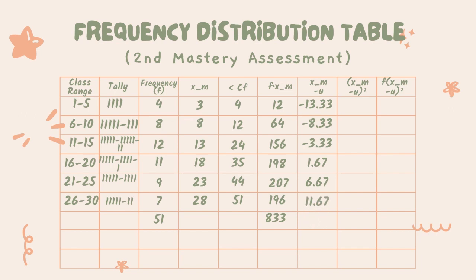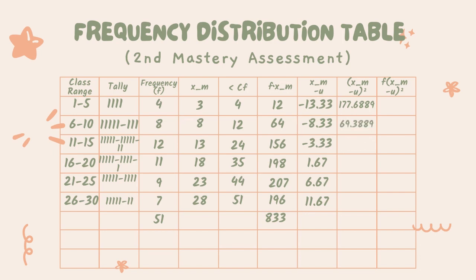Now, to get the x sub m minus mean squared, we must take the corresponding x sub m minus mean and put it inside the parentheses to make sure the correct integers are given and then squared. Starting off with open and close parentheses, negative 13.33 squared, we will get 177.6889. Then we do the same for negative 8.33, which is equal to 69.3889.